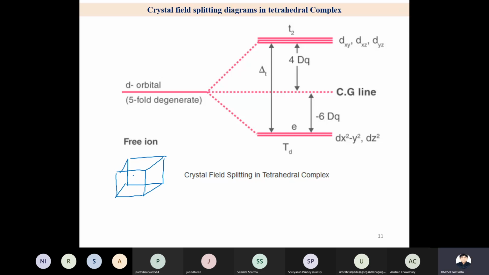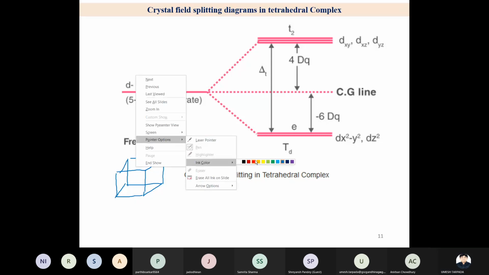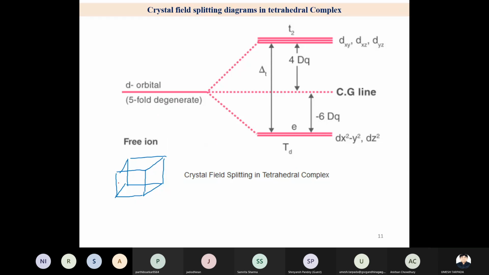In the cubic box, the metal is in the center of this box. Here you can take a metal, here you can have a metal over here.